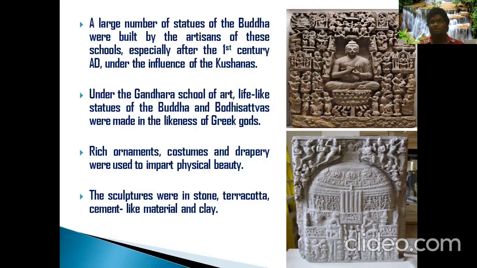When it comes to sculpture making, they use stones. Sometimes they use terracotta, as I told you, the fried clay, and also cement-like materials and some clay. These are the materials they use in the making of an idol in the Gandhara School of Art.